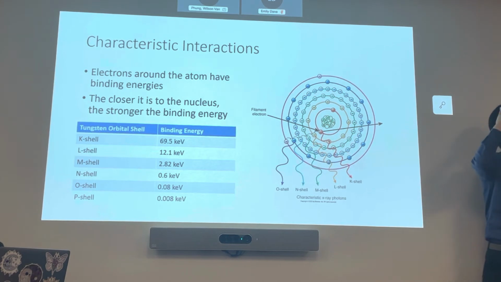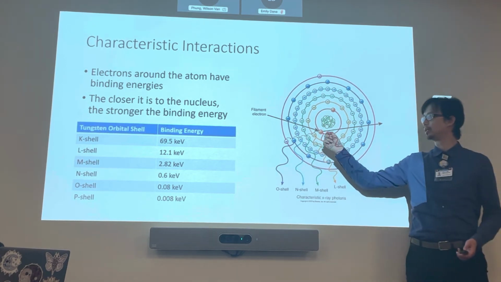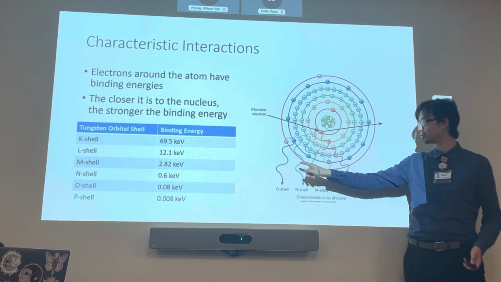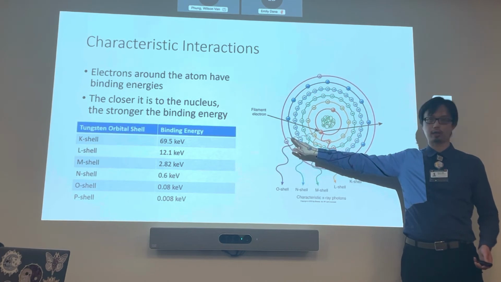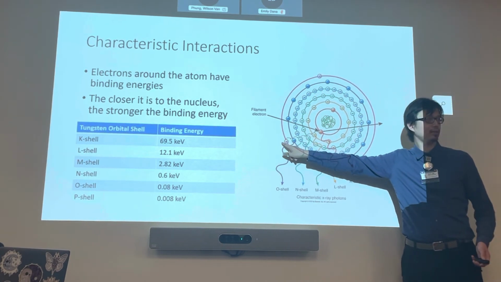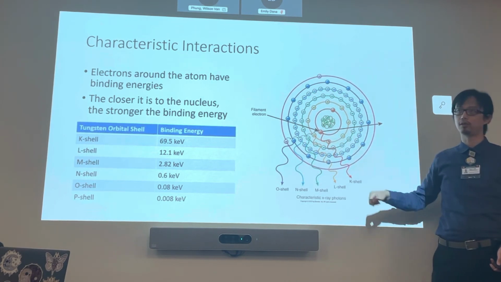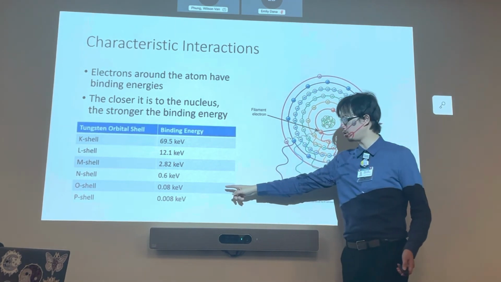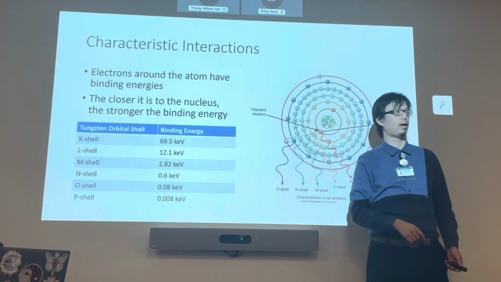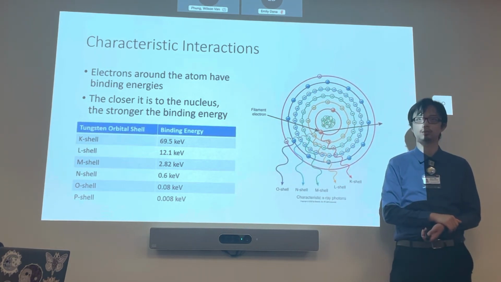Yes, Cody. So can something from like the O shell jump all the way to K? Or does it have to go through each one first? Very good question. It does not need to go in order, right? From the O shell here it can potentially skip the line and jump all the way to the K shell. So, if the O shell jumps into the K shell, how much energy would that be? A lot, yes.